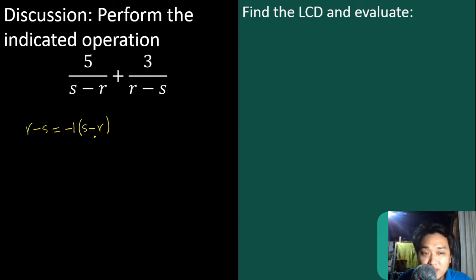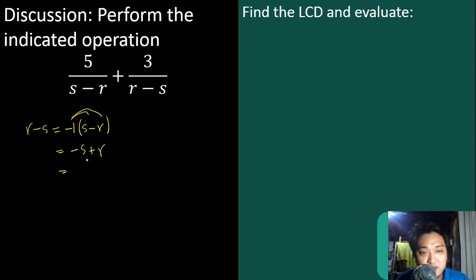Now, subukan nating ibalik. Pag binalik ba natin si negative 1 sa loob, babalik ba siya sa dating r minus s? So, let's try. Negative 1 times s is negative s. And negative 1 times negative r is positive r.